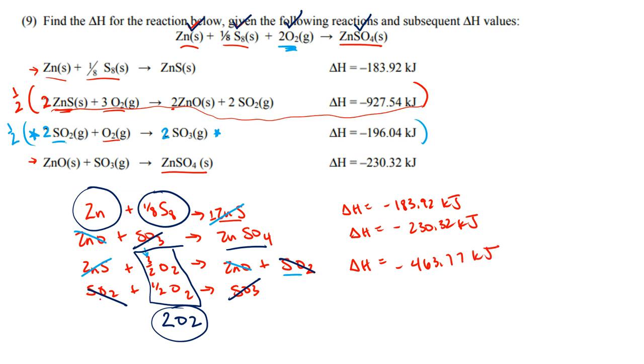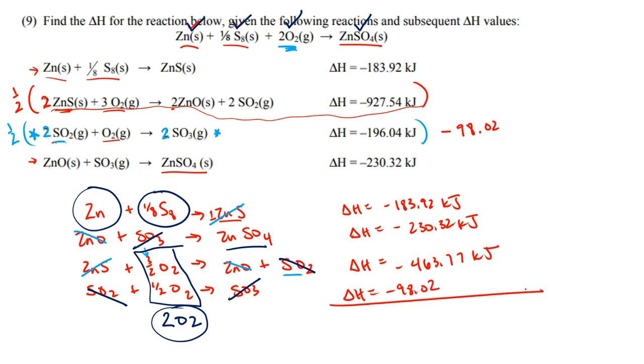And then this last guy, my SO2, O2, this one, we're going to keep it, but we're going to chop it in 1/2. 1/2 of this is a negative 98.02. Delta H is going to be negative 98.02.